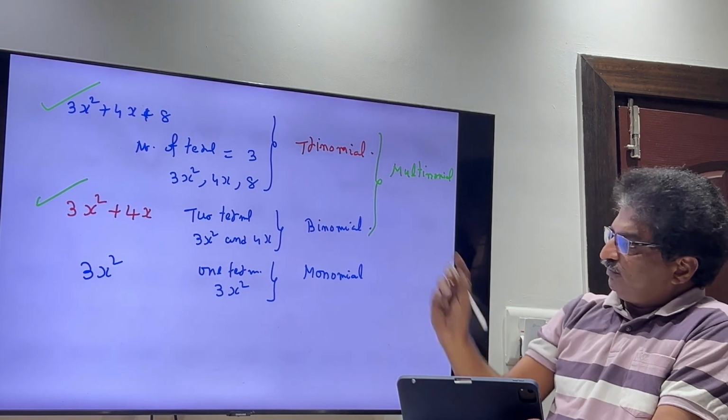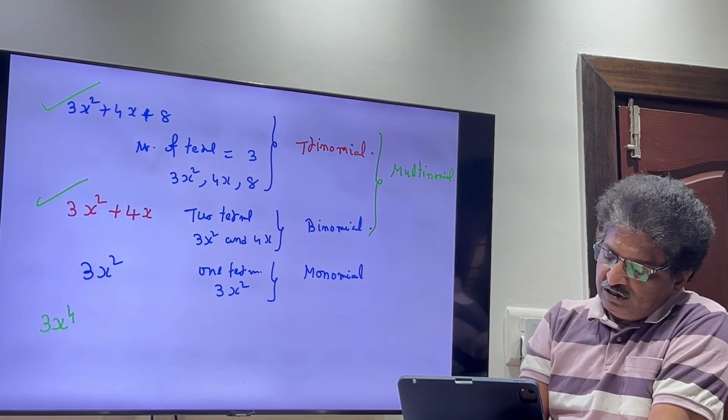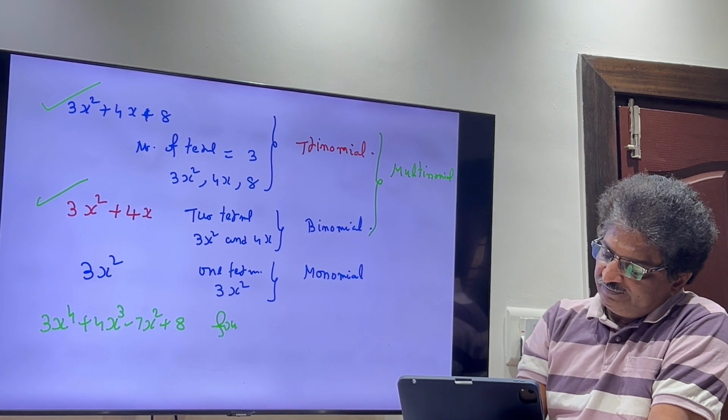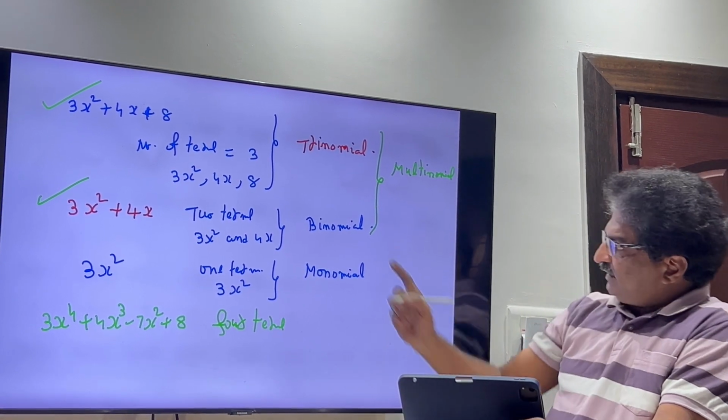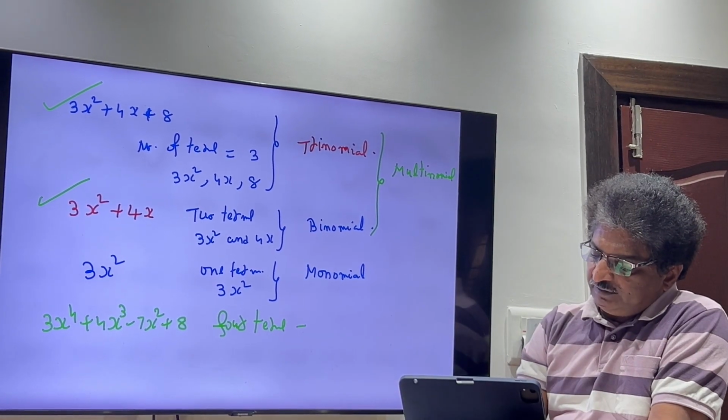Multinomials. For example, 4 terms: 3x power 4 plus 4x cube minus 7x square plus 8. Here 4 terms are there. For 4 terms there is no separate name. It is also said to be a multinomial.